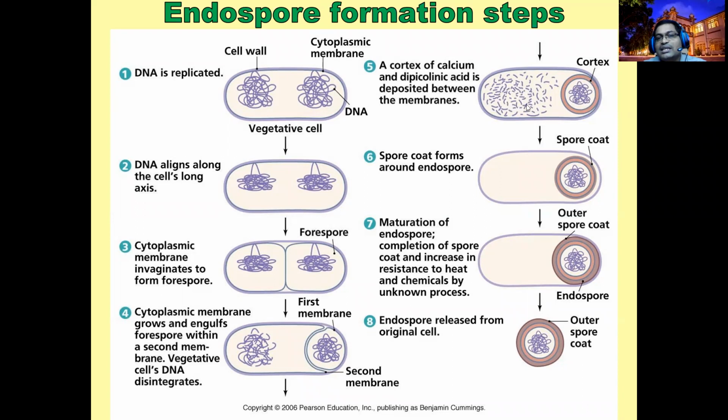Once it has engulfed the cytoplasm, additional elements like calcium and dipicolinic acid are deposited to harden the membrane and form a coat around the cytoplasmic membrane and the DNA.